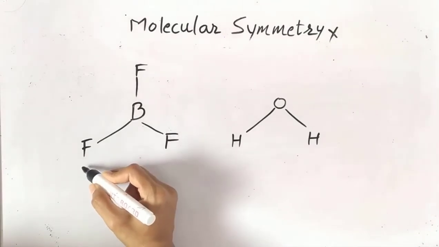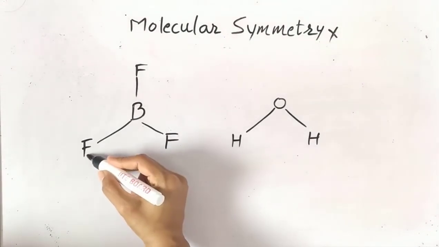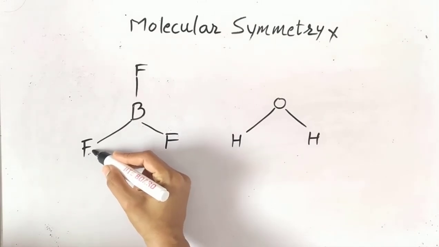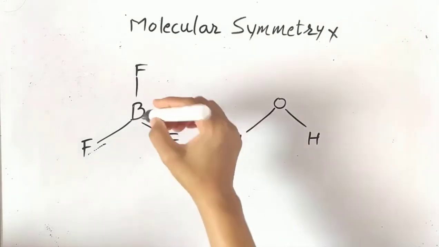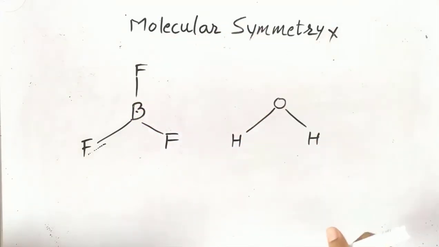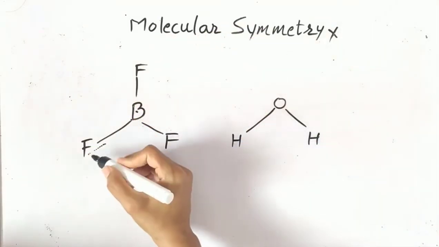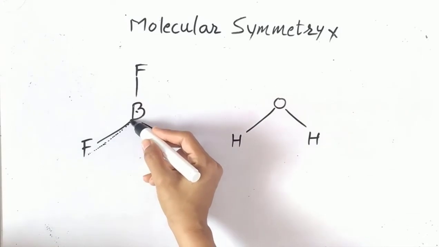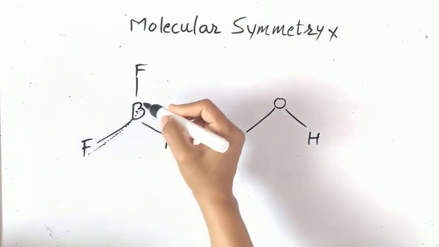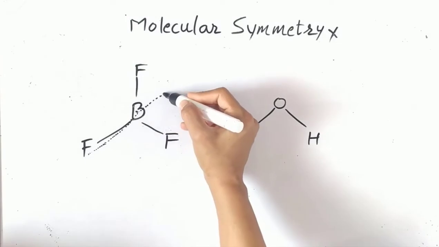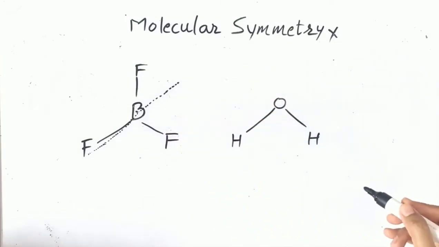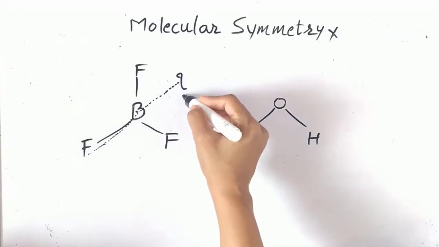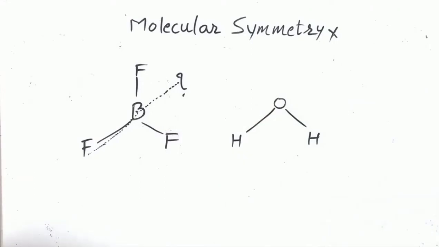Suppose I choose this fluorine atom. I start drawing a line passing through the center of gravity. Where will the center of gravity be for this molecule? Here. I draw a line passing through the center of gravity at equidistance and in the opposite direction. Do I have the same atom present here?